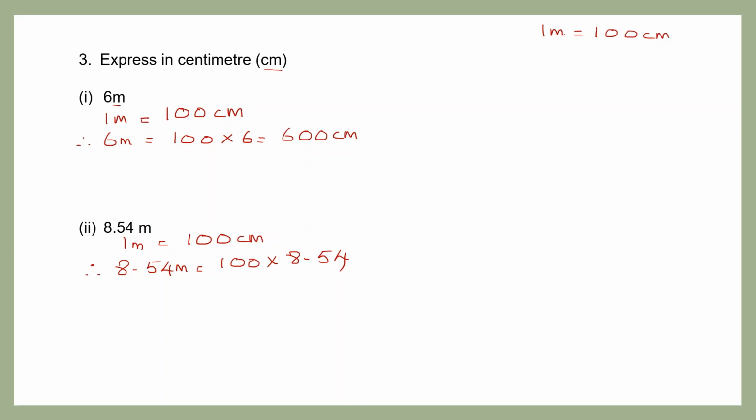Multiplication of decimal numbers now by 100. 100 has 2 zeros, so my point will move 2 places to the right. When you multiply, the point moves to the right and it comes there. So what do I get? Which is 854 centimeters. I've converted 8.54 meters into 854 centimeters.